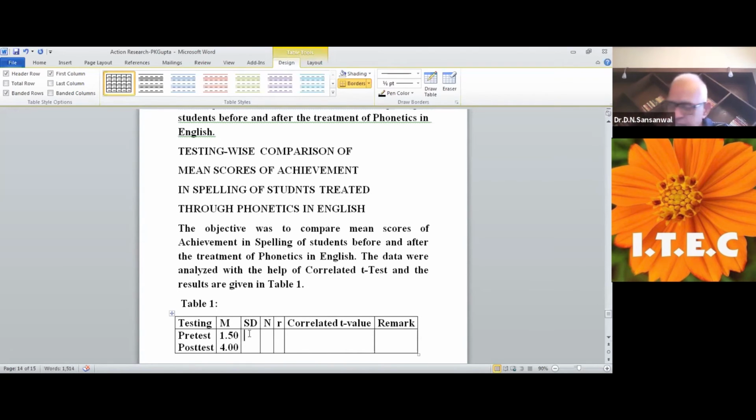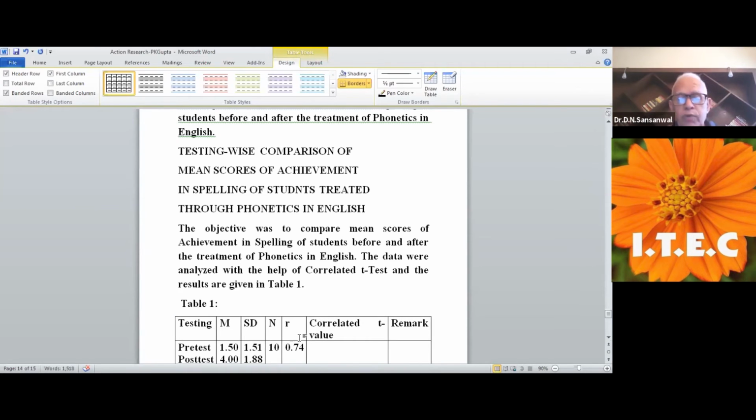And then SD is 1.51, and then it is 1.88. And N is 10. And R was 0.74. And this t-value was 6.23. And it was significant.